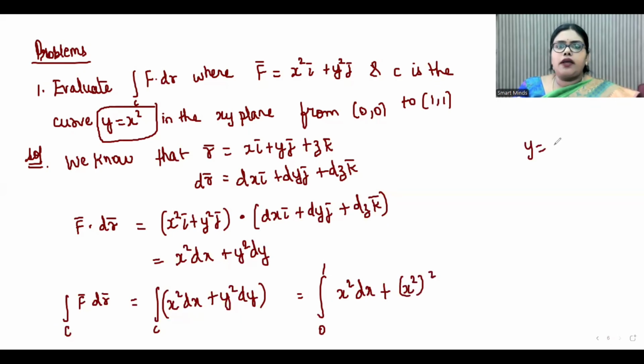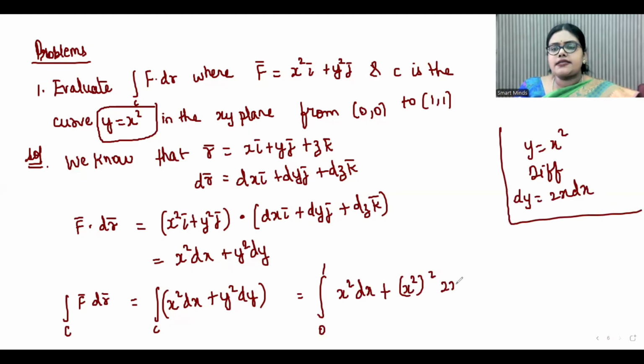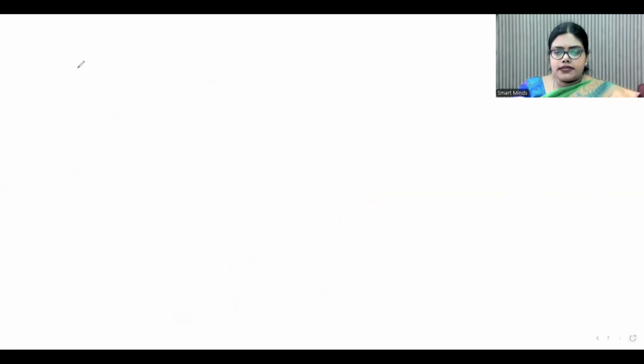See if y is equal to x square and if you differentiate you will get dy, no? Dy is 2x dx. So in the place of dy we can take 2x dx. Did you understand now? So completely we converted into x. So it will be easy for us to integrate. So what is that? Integral 0 to 1 x square dx plus integral 0 to 1 2 into x power 4 into x is x power 5 dx.